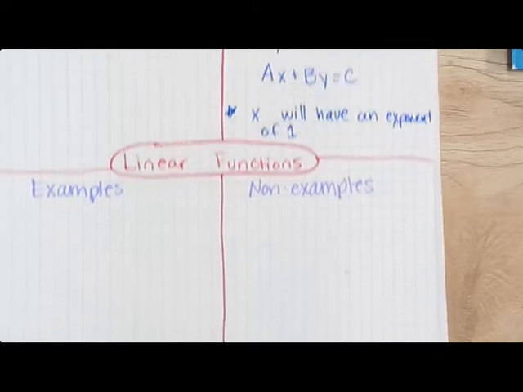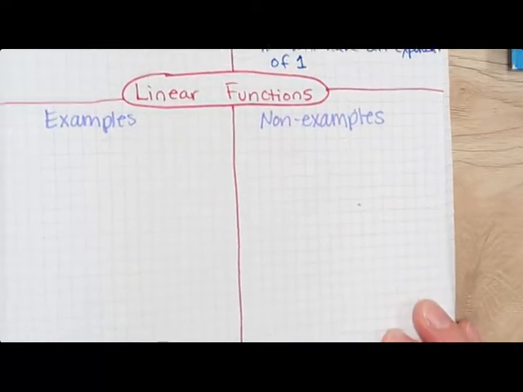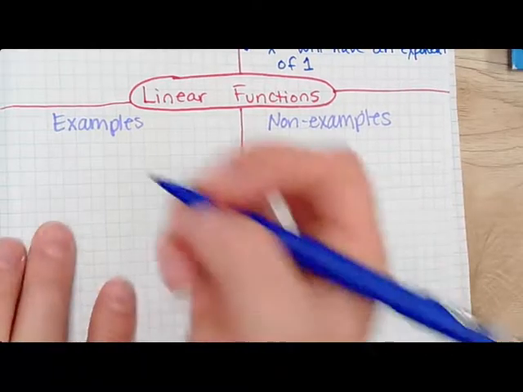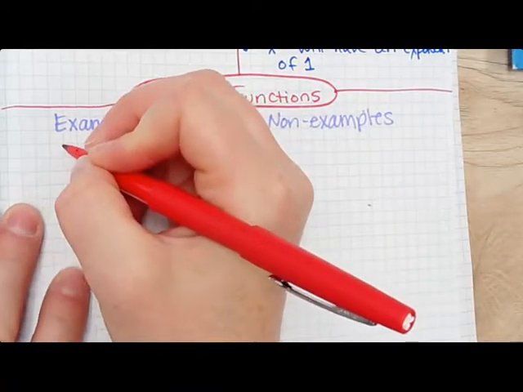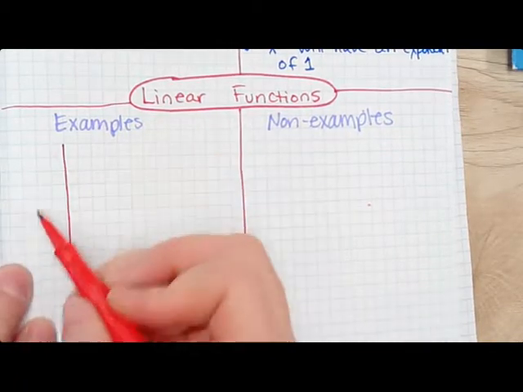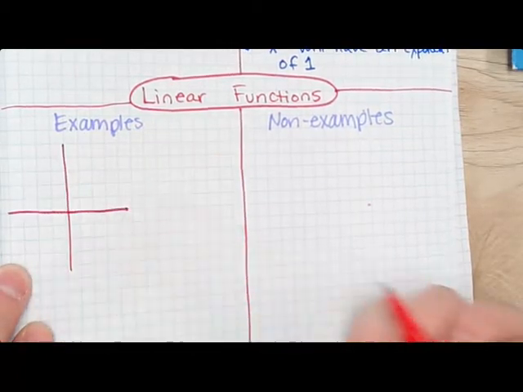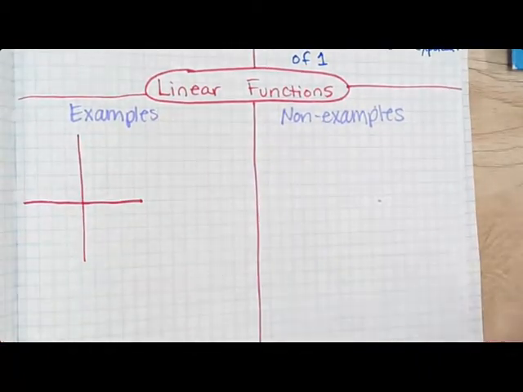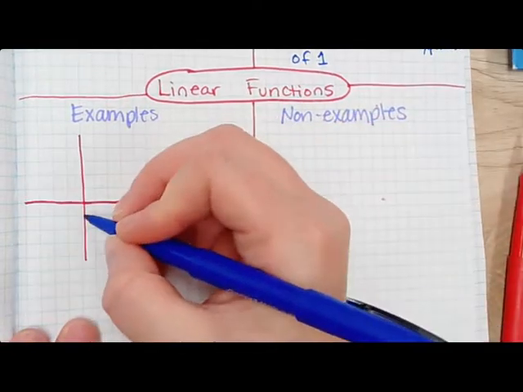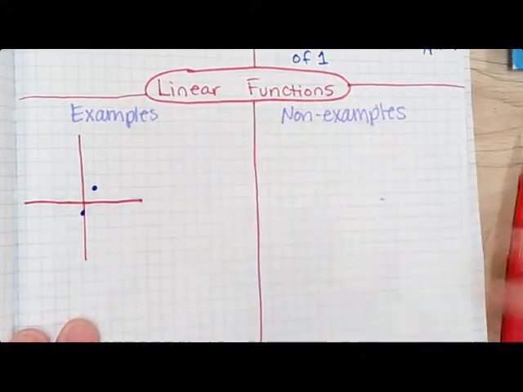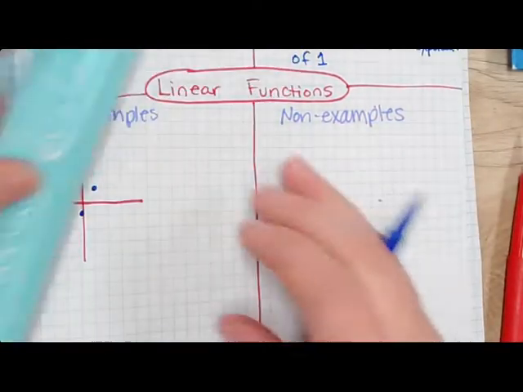Okay, so then we'll talk about examples and non-examples. So an example, we'll do a little graph. So an example could be, I'm going to draw a line like that.